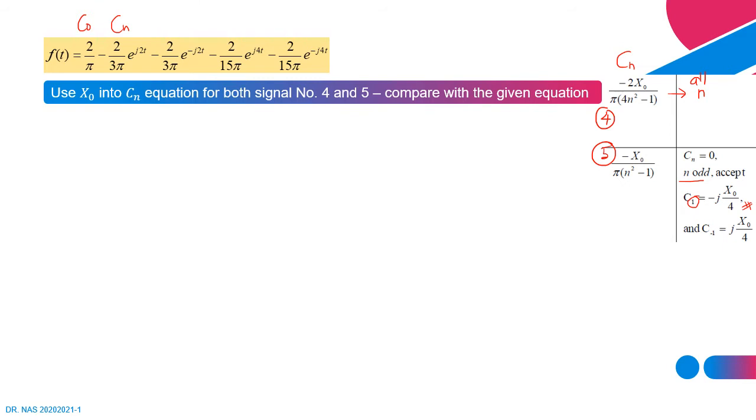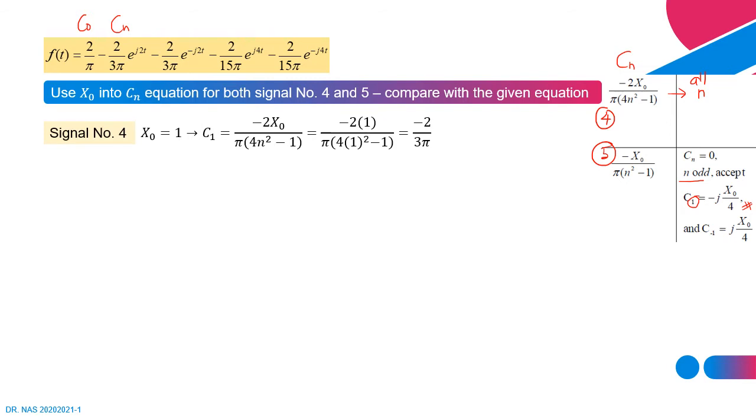Let's look at the given equation. First consider signal number 4. From the earlier calculation, we have x0 for signal number 4 equal to 1. Assuming n equals 1, replace n equals 1 into the Cn equation of signal number 4. In this case, C1 equals negative 2x0, in which x0 equals 1, divided by pi for n squared.